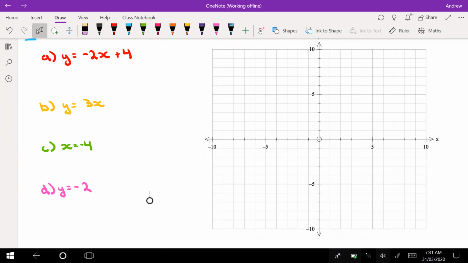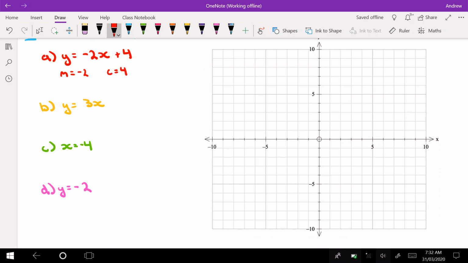We now want to try and pick out some of the important information from each of the equations of these lines that will help us sketch this graph. So let's start with our first one, y equals negative 2x plus 4. Well, the gradient, that's equal to m, so that's going to be equal to negative 2. And the y-intercept is equal to 4.